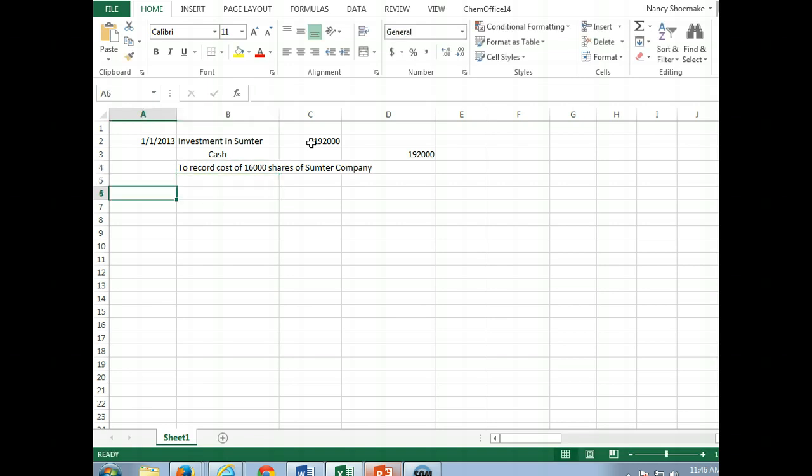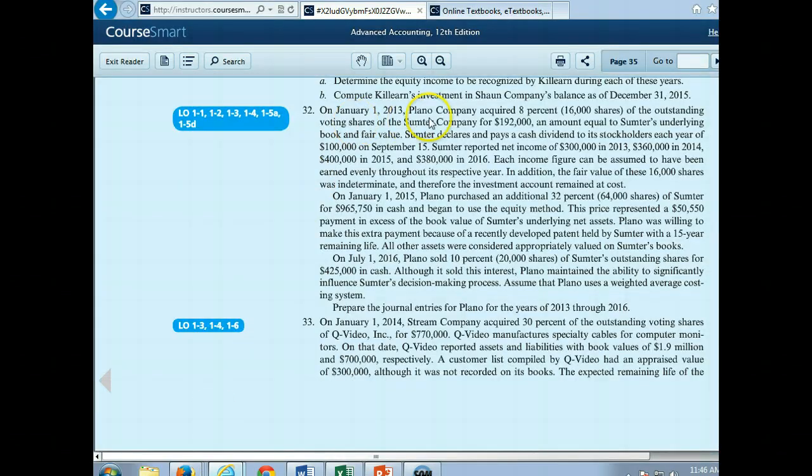Now, because they only own 10%, we're going to use the cost method. So we need to only show the dividends that they received. So in 2013, they paid cash dividends of $100,000.